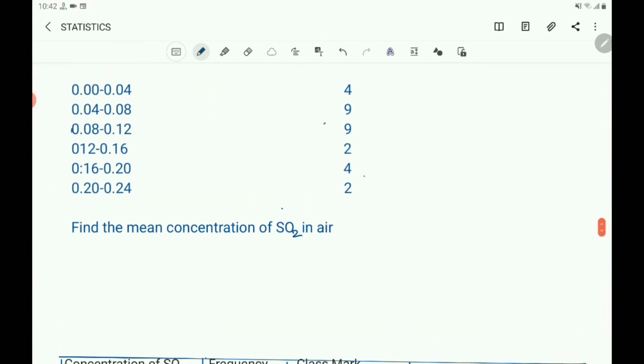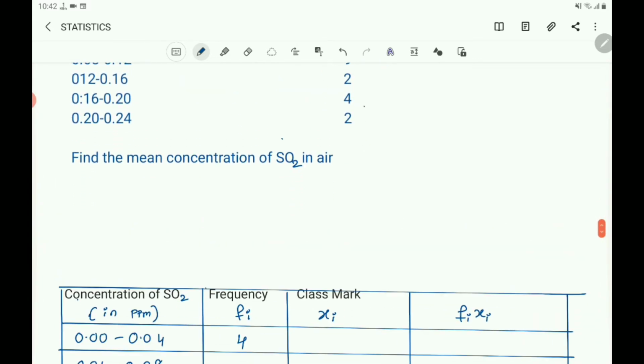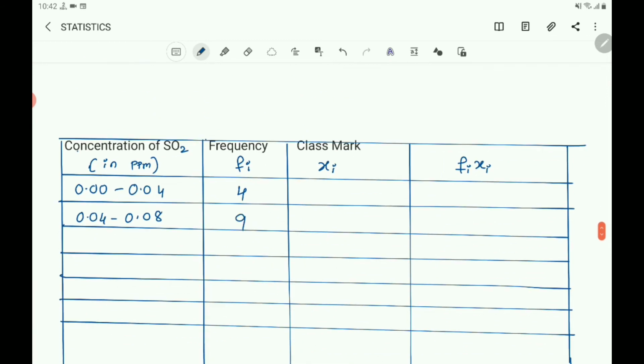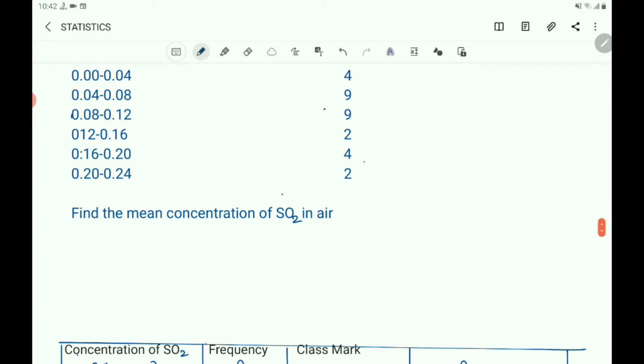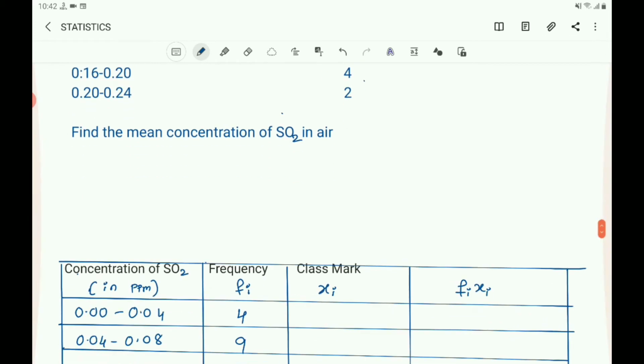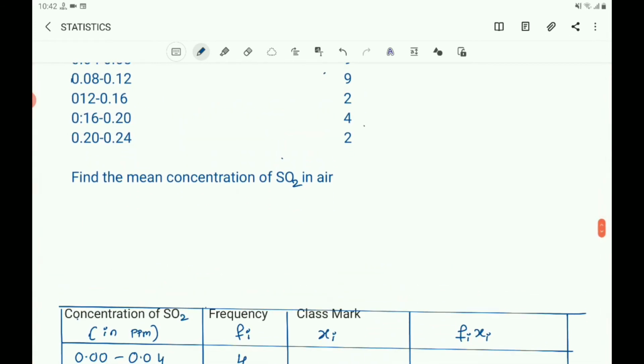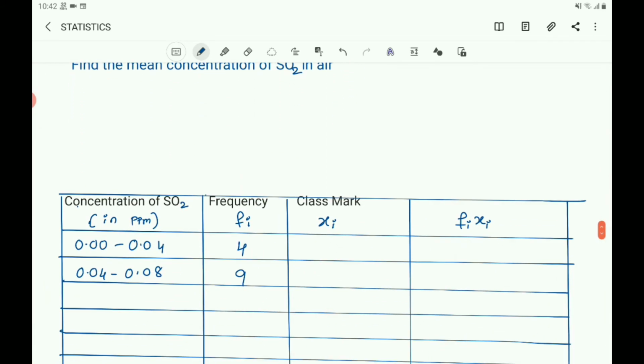The frequency is 9. Next 0.08 to 0.12, that is also in 9.